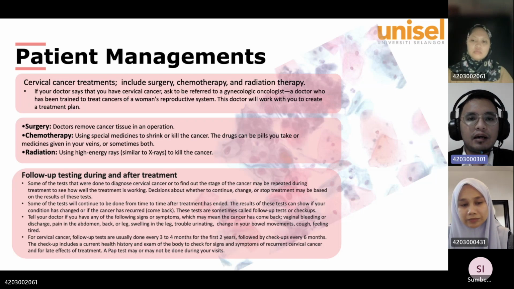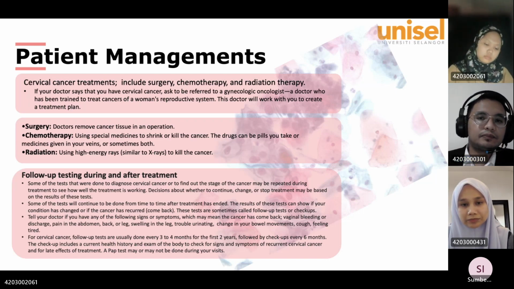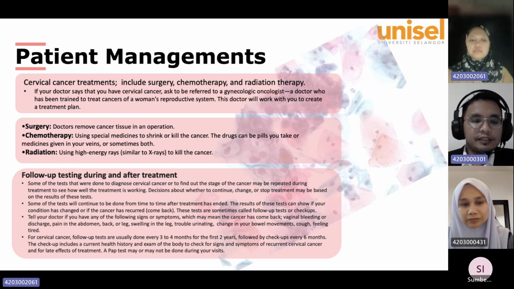There are several types of treatment that can be used for cancer patients, which are surgery, chemotherapy, or radiation.